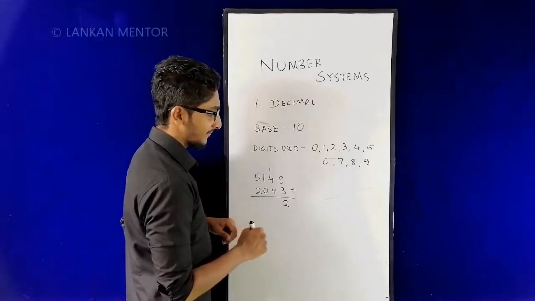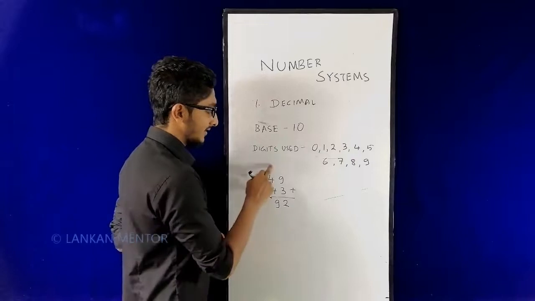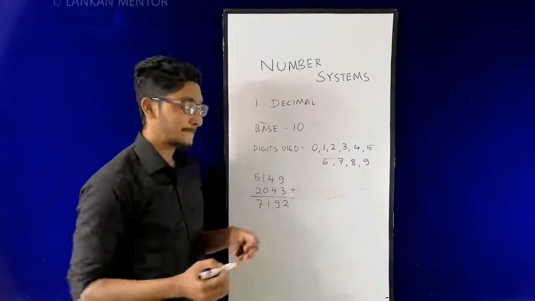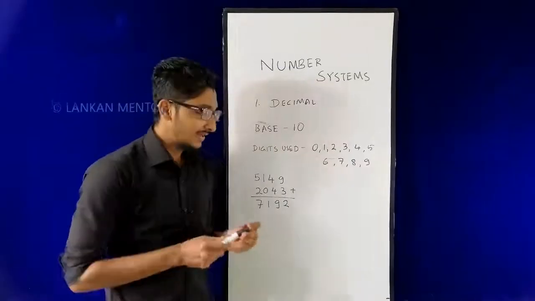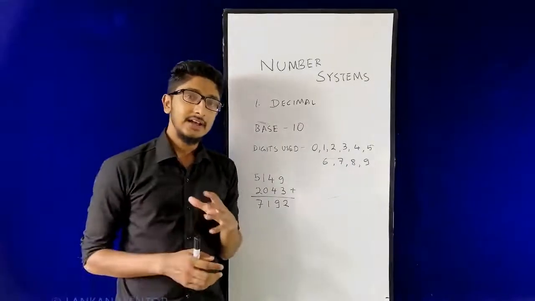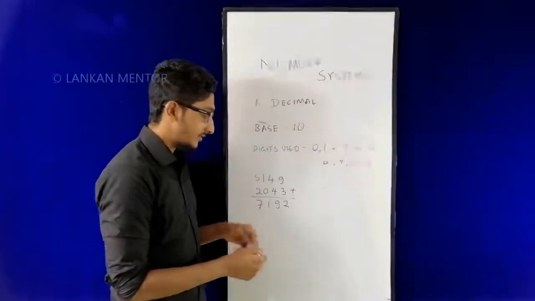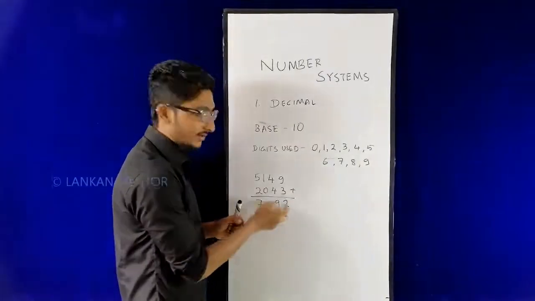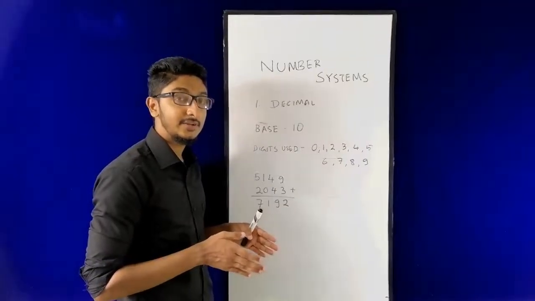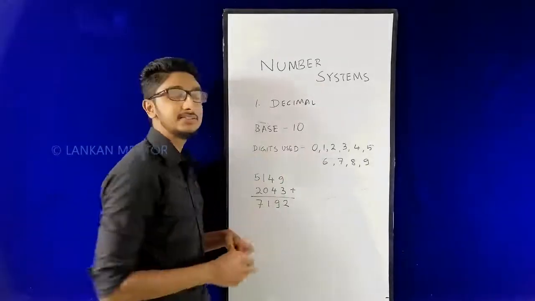So again, carry, and then 1 and 7. So in this addition, you have the clarity: 9 plus 3 is 12, so you write the 2 here and put 1 over here. What is that 1? 10. When it becomes 10, you put that 1 over here. That is because the base is 10.